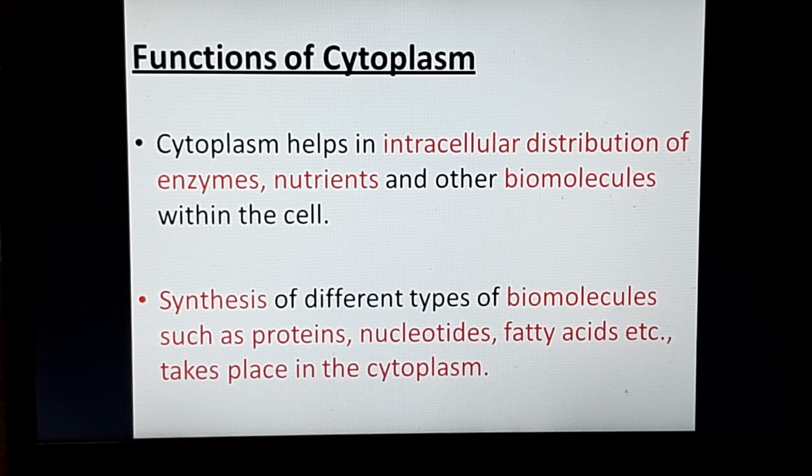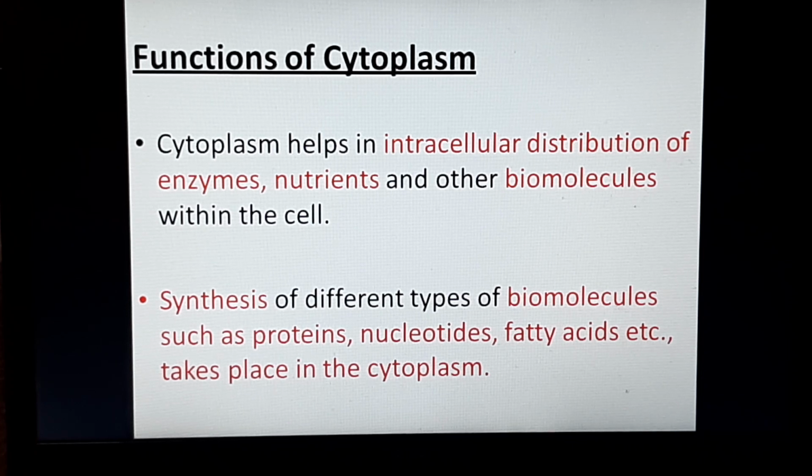Now this cytoplasm plays a very important role in the cell. First of all, the cytoplasm helps the cell with intracellular distribution of all the biomolecules, either enzymes, nutrients or fats; all these biomolecules are distributed evenly within the cytoplasm.